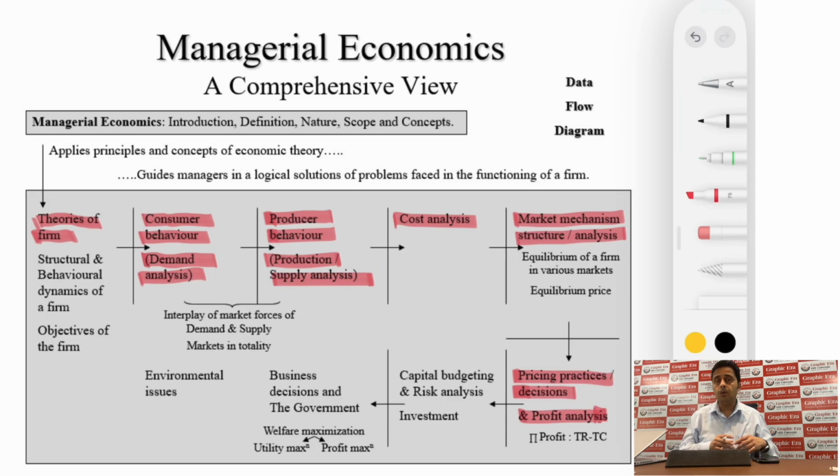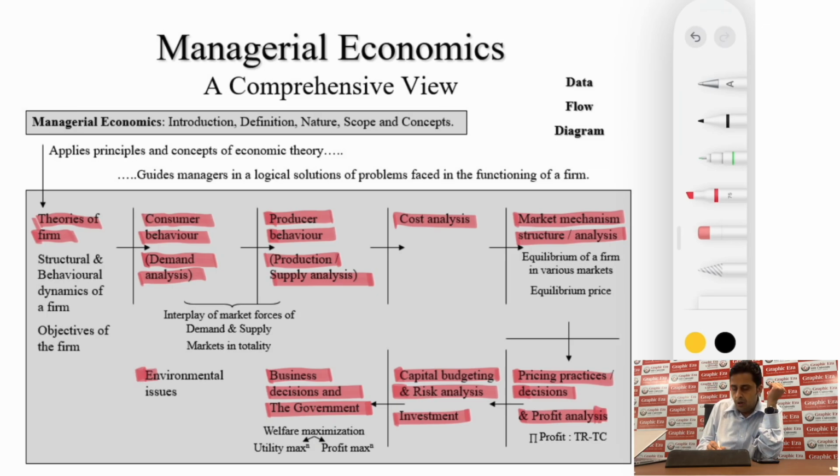So for that, you would also have to understand the dynamics of the external environment, the way the technology and the geo-economic and the geopolitical landscape is changing, the government policies, the inflationary pressures in the market, and a lot of other factors which will affect your capital budgeting and risk-related assessments, your investment decisions, and most importantly, the business decisions in light of the government policies and the way government decisions are affecting your different aspects of consumer behavior, your production, your cost aspects, and obviously your pricing decisions.